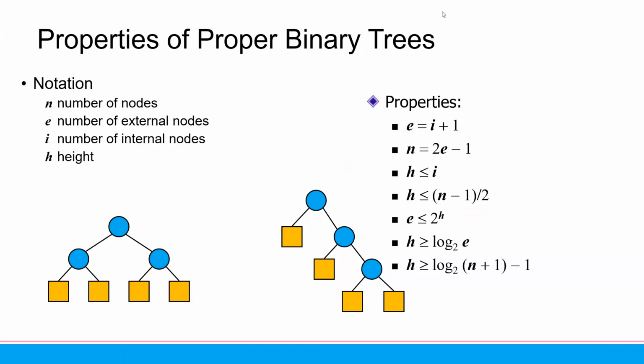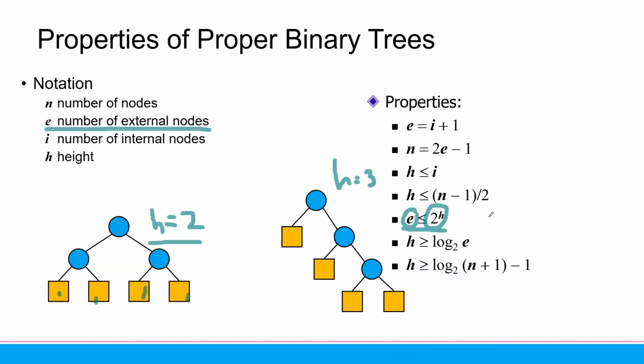And e is less than or equal to 2 to the power of h. In this case, h equals 2. This one, h equals 3. What is e? e is the number of external nodes. We have 1, 2, 3, 4.